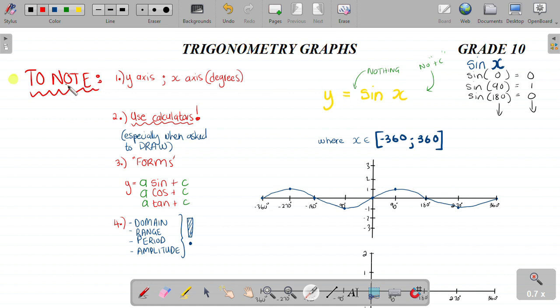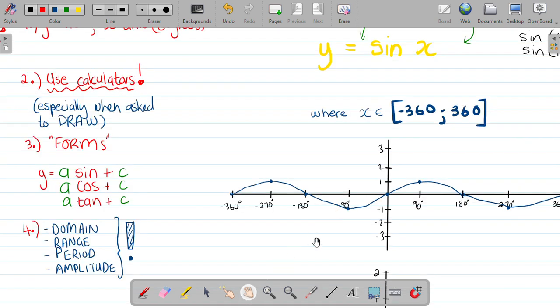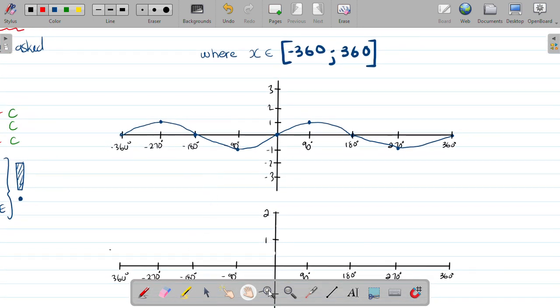So there are firstly 4 things that I want to start off with noting when it comes to trig graphs. Number 1, you have a y-axis over here, just like last year, where you have 1, 2, 3, negative 1, 2, 3. They're just like that in your normal units. And then when it comes to your x-axis, there is still technically an x-axis, but it is now in degrees.